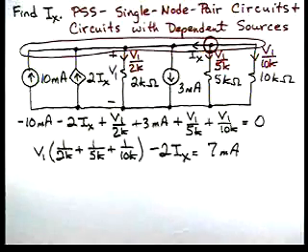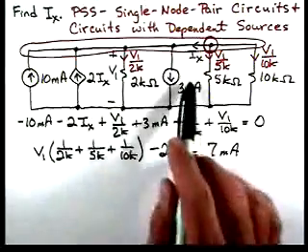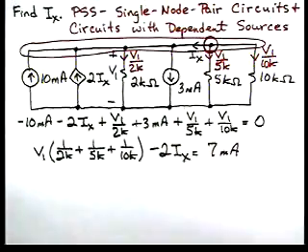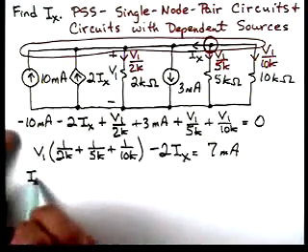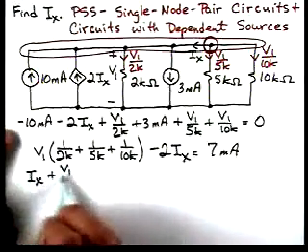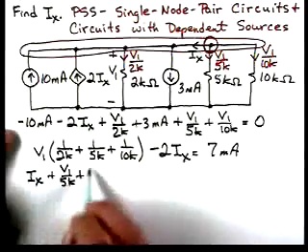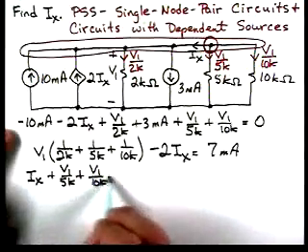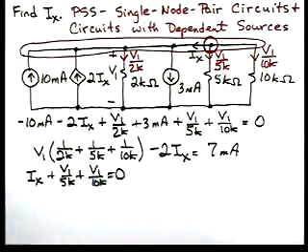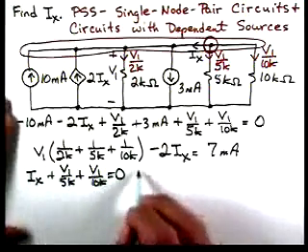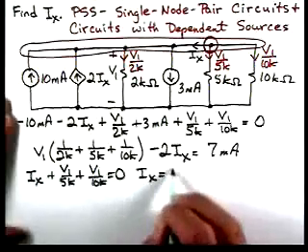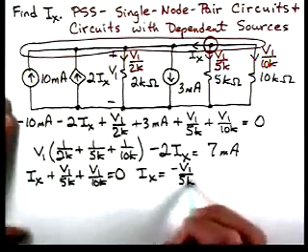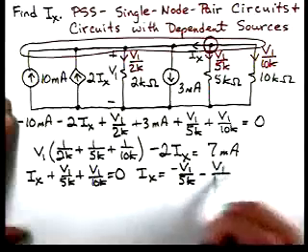I'm going to sum currents leaving that node, and if I do that, I'll have Ix plus V1 over 5K plus V1 over 10K, and by Kirchhoff's current law, that has to be 0. So now we get Ix is minus V1 over 5K minus V1 over 10K.